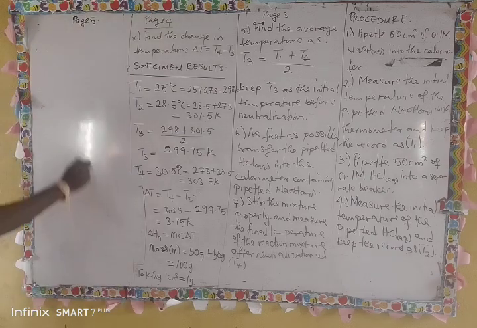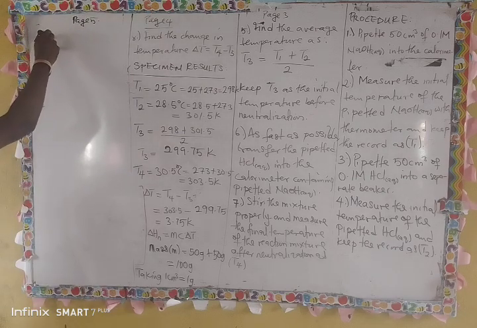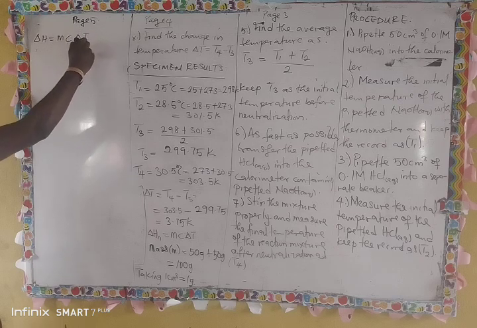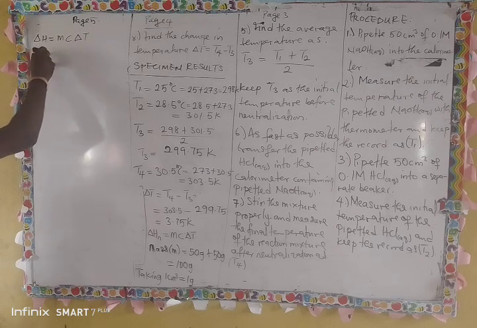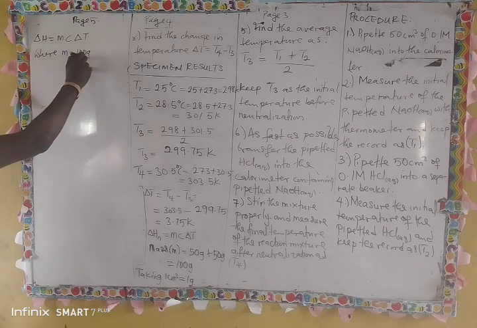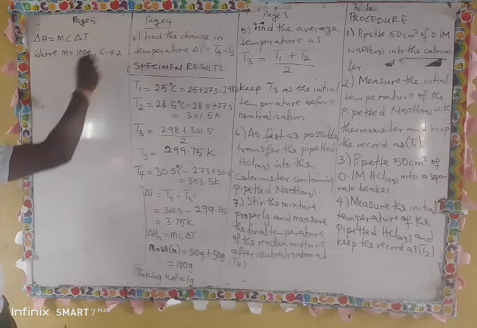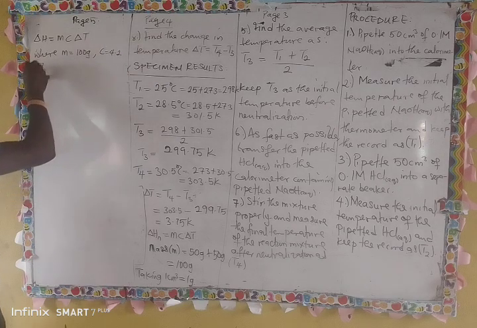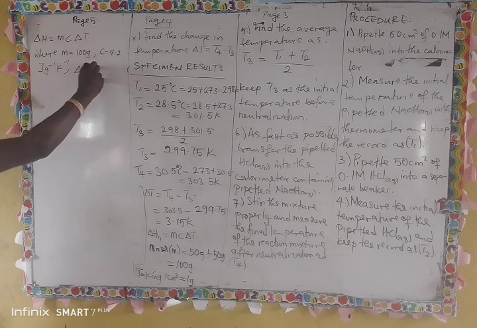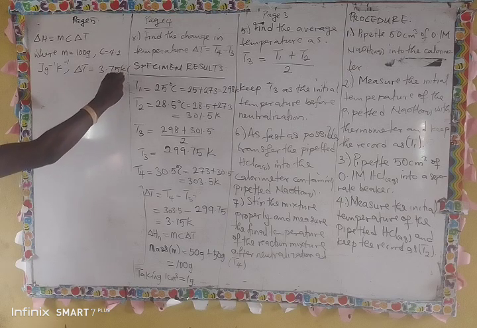So we have known all our parameters. We can now say delta H equals MC change in T, where your M is 100 gram, your C is a constant 4.2 joule per gram per Kelvin, that's specific heat capacity, and your temperature change is 3.75 Kelvin.